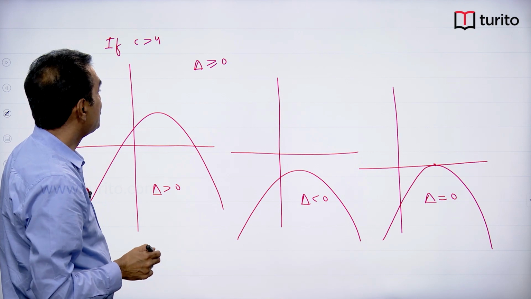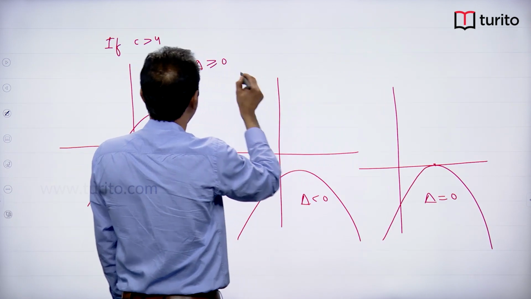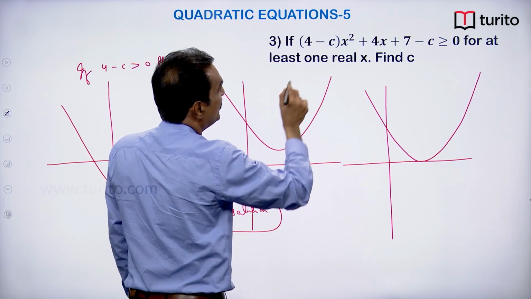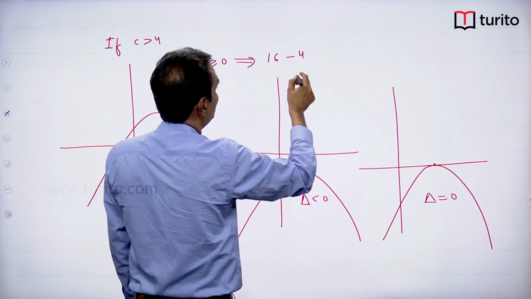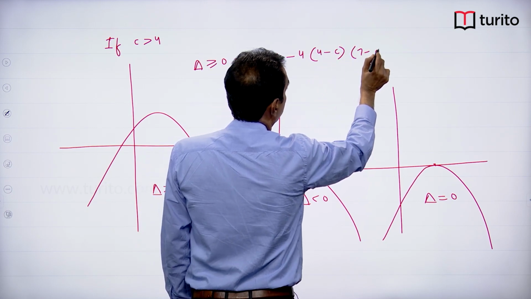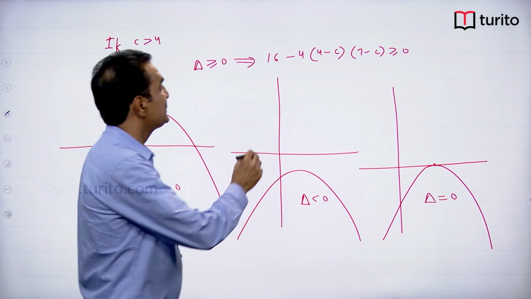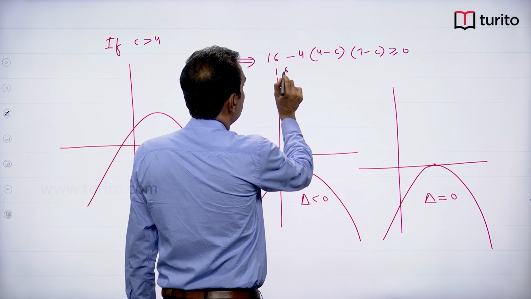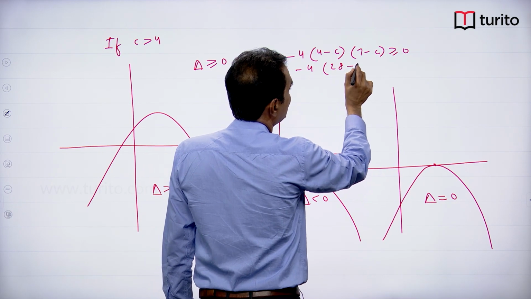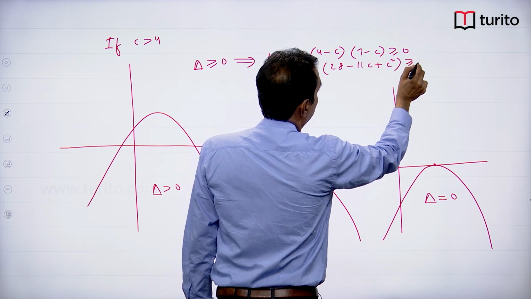Okay. Delta means what? B square minus 4ac, 16 minus 4 into 4 minus c into 7 minus c should be greater than or equal to 0. Simplify, 16 minus 4 into, if you multiply, you will get 28 minus 11c plus c square greater than or equal to 0.